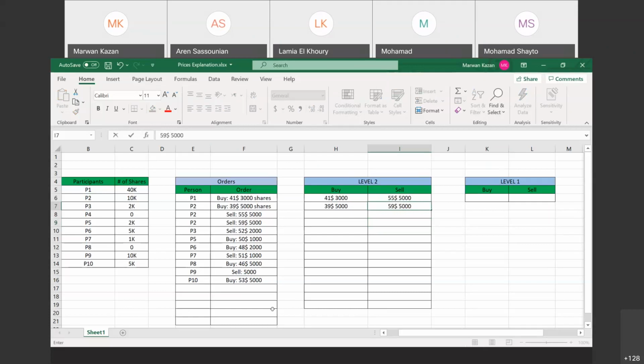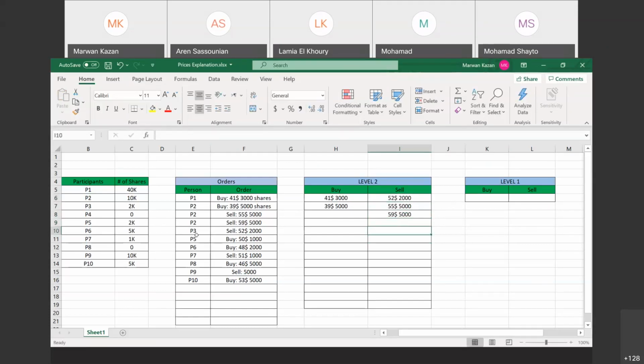Now person 3 wants to sell at $52, 2,000 shares. 52 is less than these two, so these two will go down, and we're gonna have $52 and 2,000 shares here.